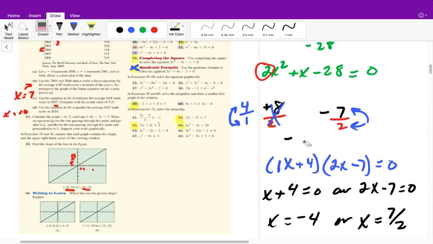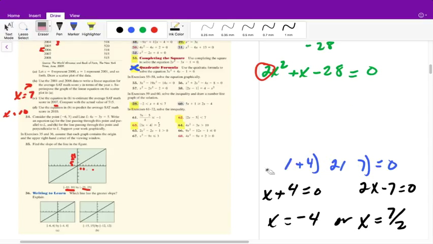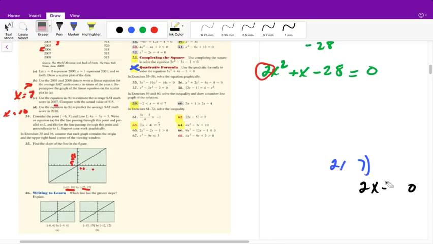If you don't like the x method, another way that you can do this is factor by grouping. It's very close to what I was just doing, but since people forget to divide by 2, there's one other change that you can do. So you take your two numbers and you do 2 times negative 28.